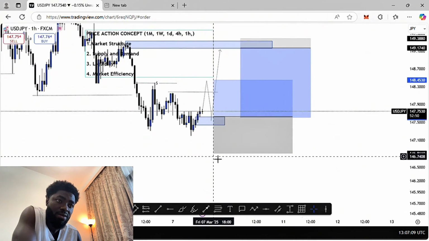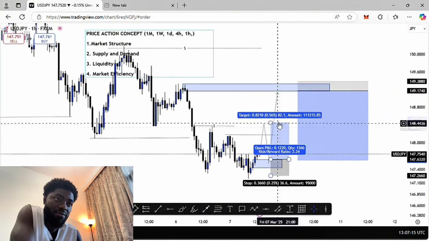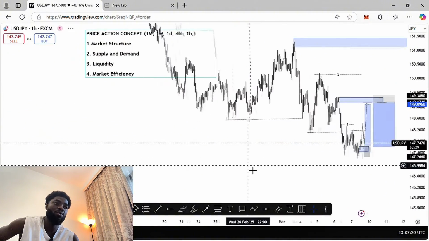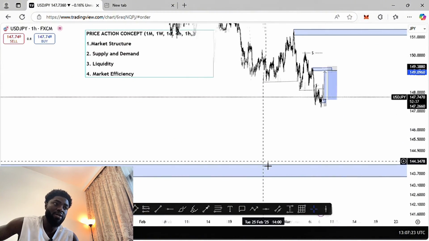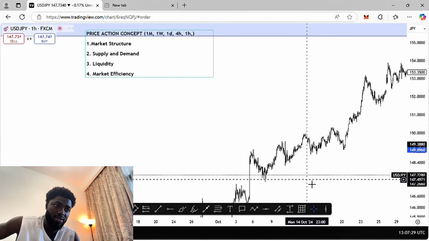So this can be just an intraday trade, if there's an intraday trade. But the overall setup I've performed with you is a bigger sell on USDJPY.